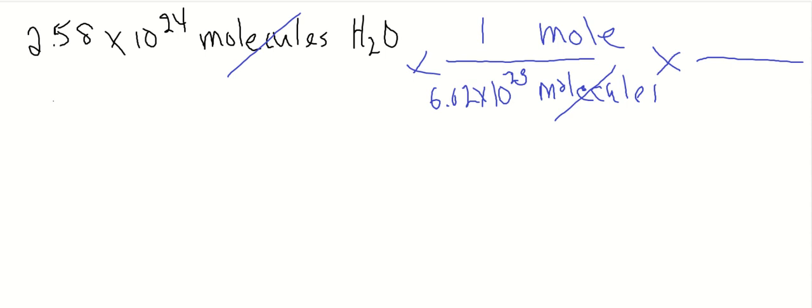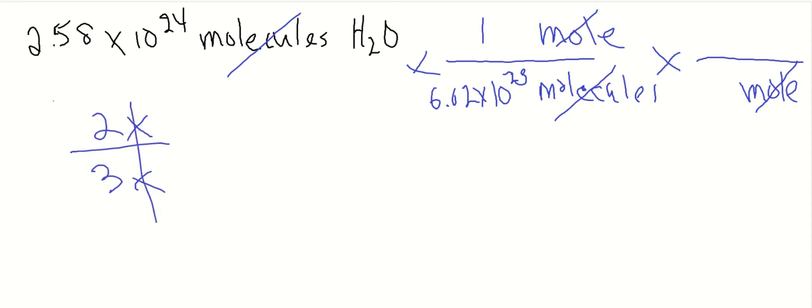To get rid of moles, we need moles on the other side to cancel out. In math, if you have a unit on the top and bottom, we can cancel it out. That's the concept we're doing here. Now the desired unit goes on the other side of that. In this case, it's going to be grams.